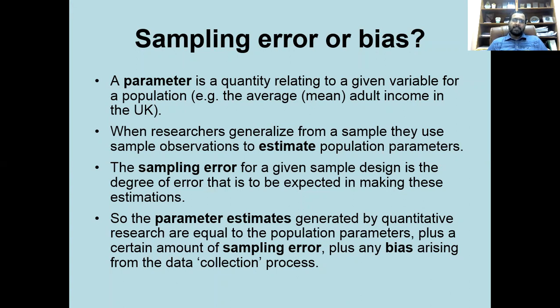The parameter estimates generated by quantitative research are equal to the population parameters plus a certain amount of sampling error. So whatever estimates we have are almost equal to the population parameters, plus the sampling error and any bias arising from the data collection process, which has to be determined.